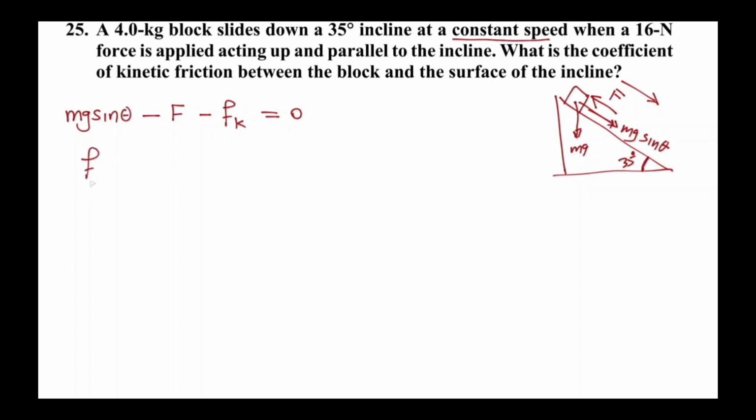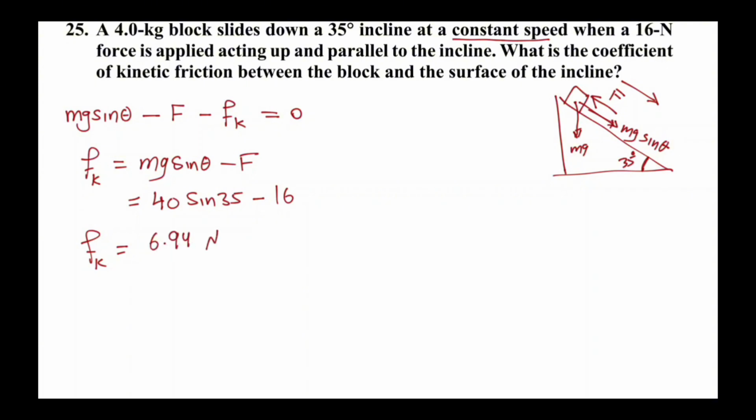So fk here equals mg sine theta minus F, or 40 sine 35 minus 16, in this case fk equals 6.94 newtons.